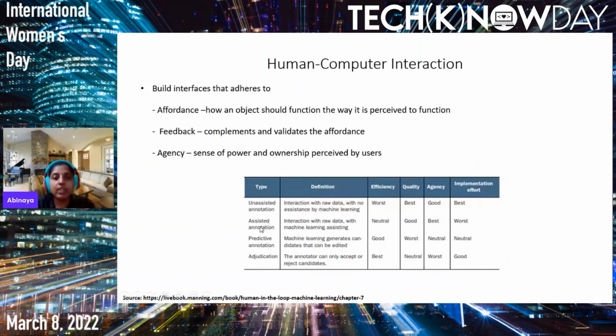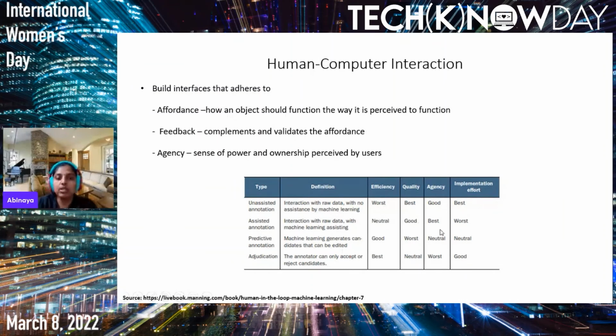The next type is assisted annotation. In this kind of interface, you have a machine learning model assisting the humans. So a little bit of automation is involved. So the efficiency is neutral, better than unassisted annotation, and the quality is also good, and the user will have better control.